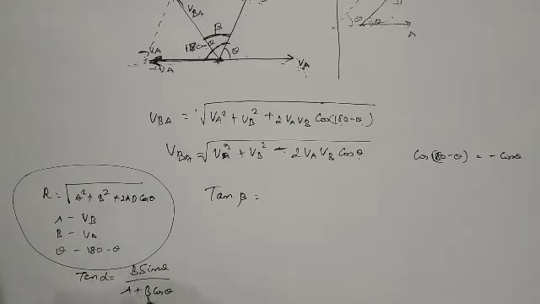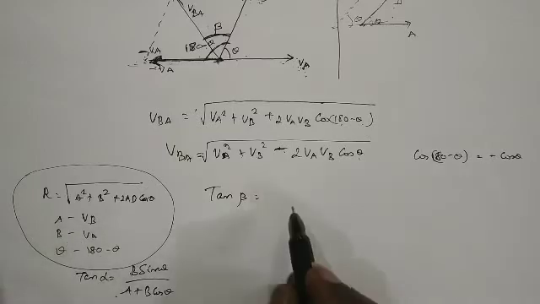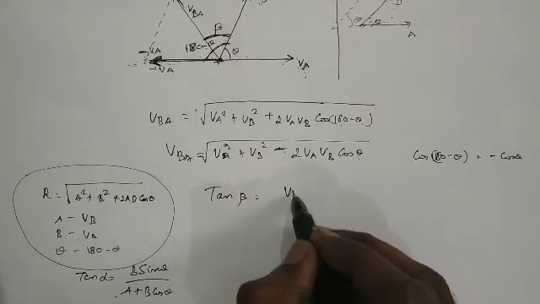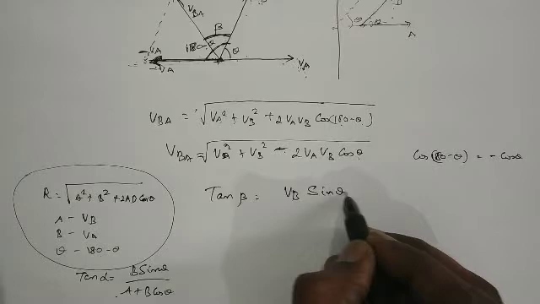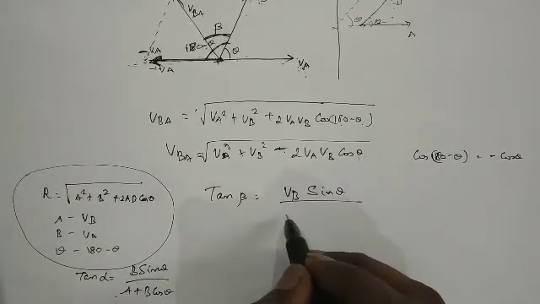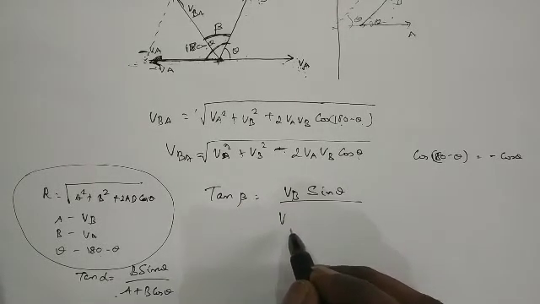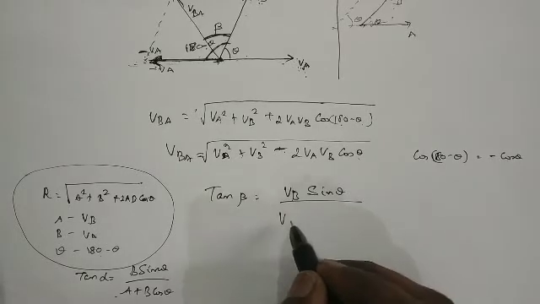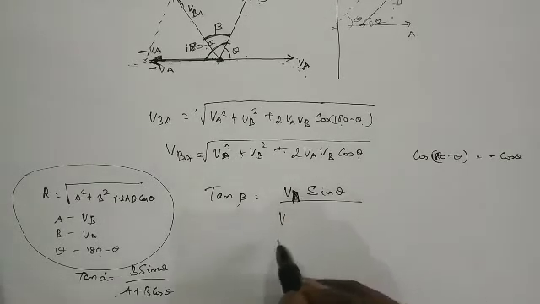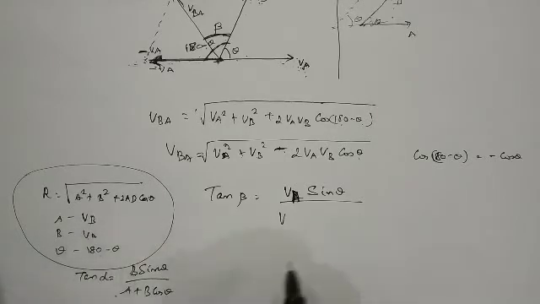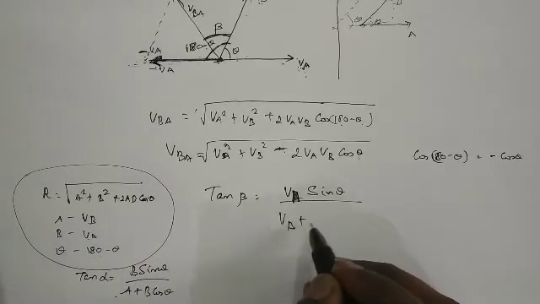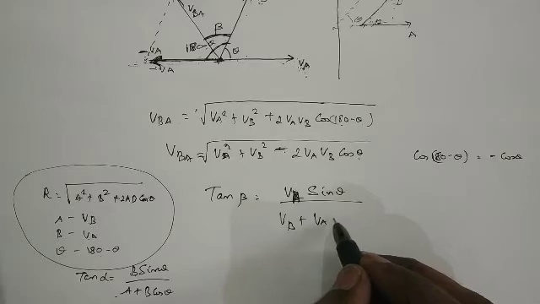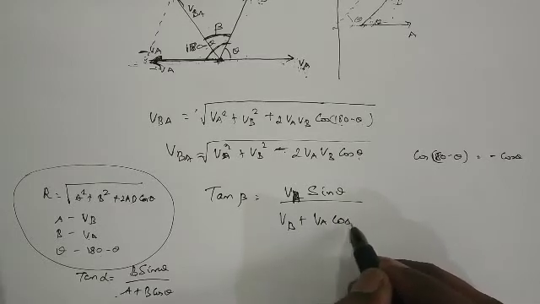We know what is B, what is A, which is all written here, so you can straight away apply here. It is going to be VB sin theta upon VB... it is called VA. VA sin theta, because B is here, VA sin theta over VB plus VA cos theta.